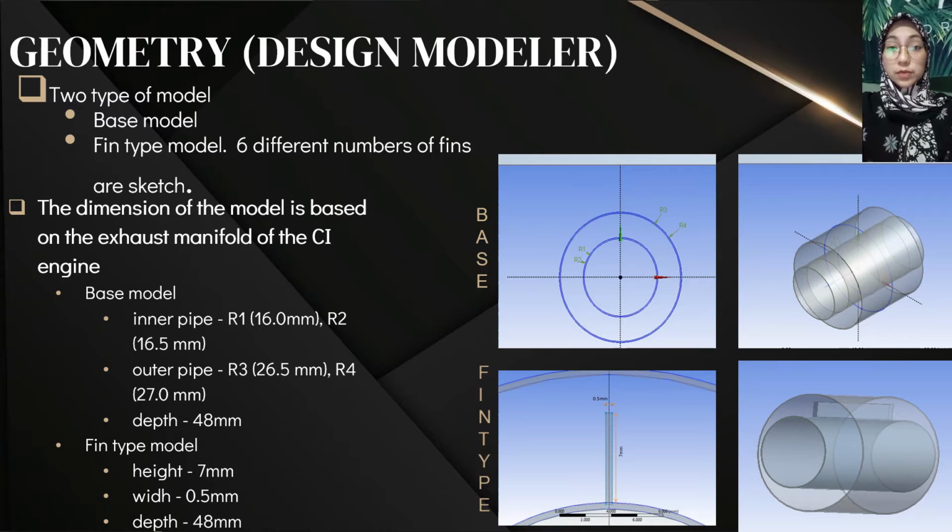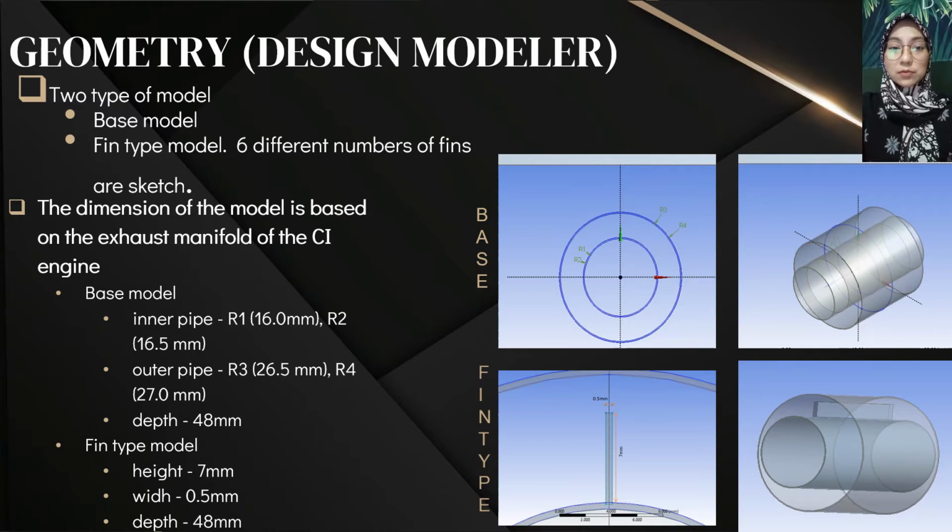Okay, for the fin type model, the fin design was added in the cold fluid region, attached to the exhaust manifold, with a fin width of 0.5 mm and height of 7 mm.